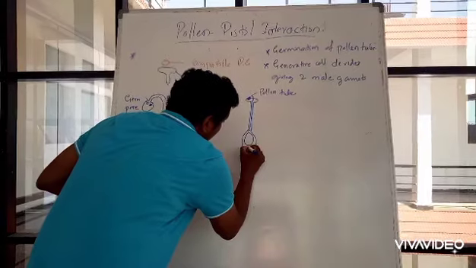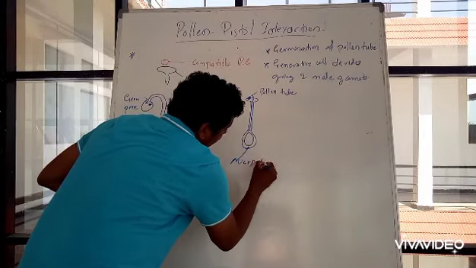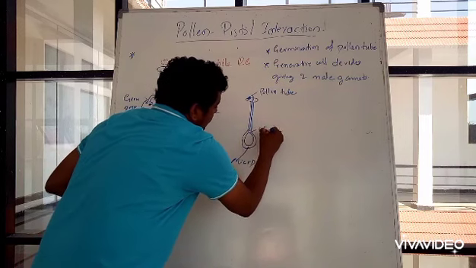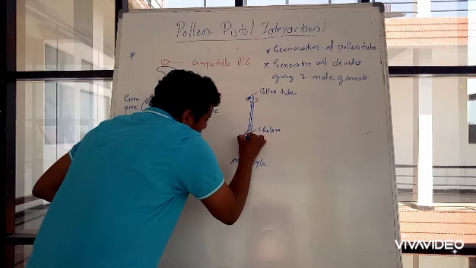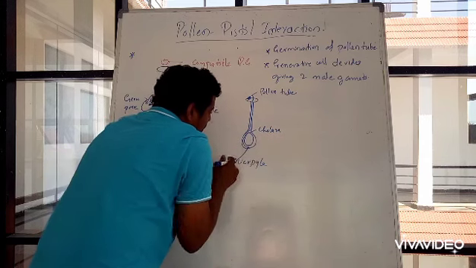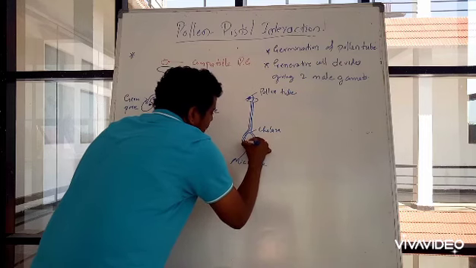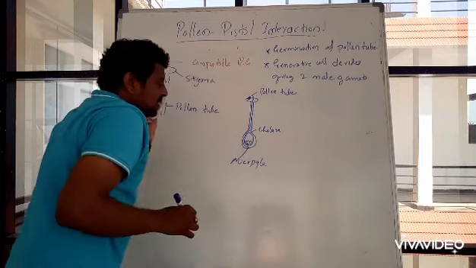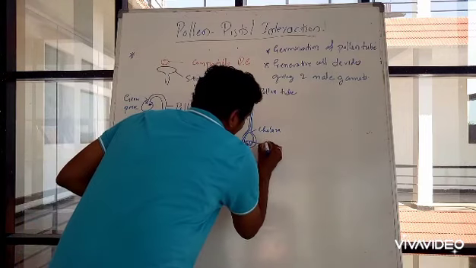This will be the micropylar end, and this is the chalazal end. It comes to the micropylar end, where the micropyle will be there. It will enter here, and here three cells will be there. Those three cells are nothing but the egg apparatus.